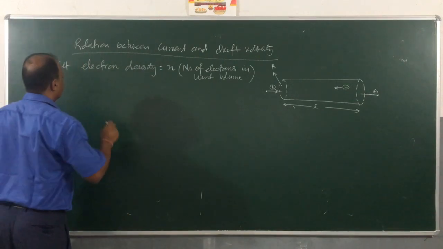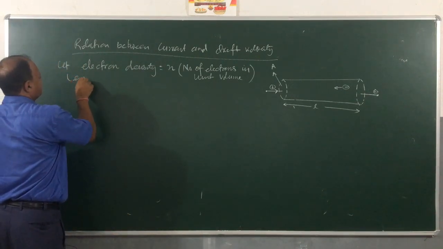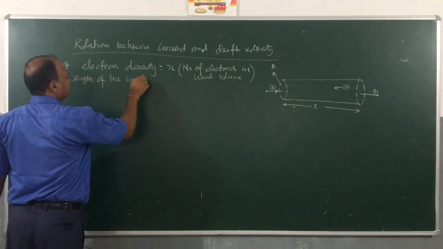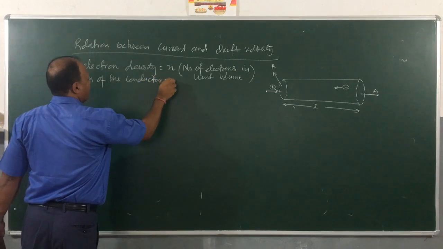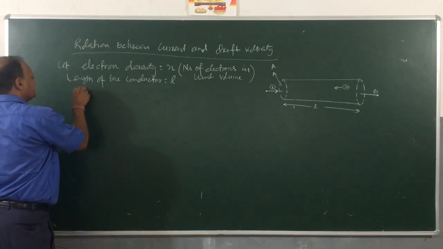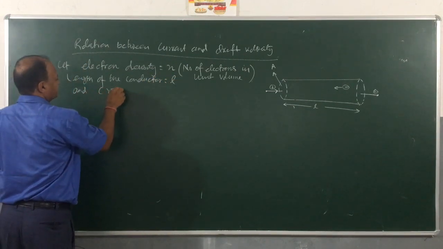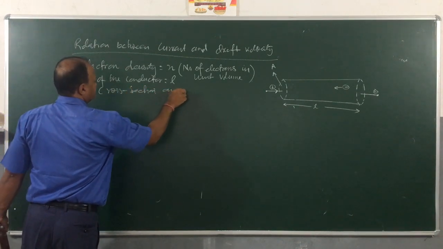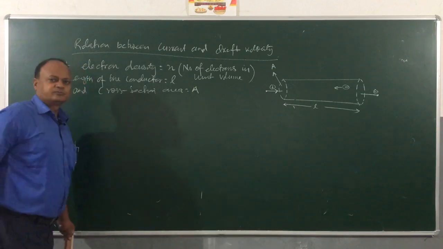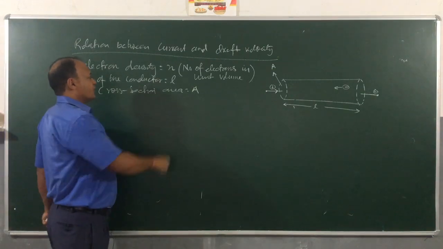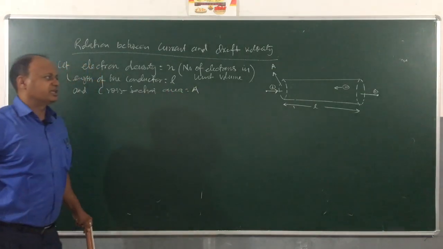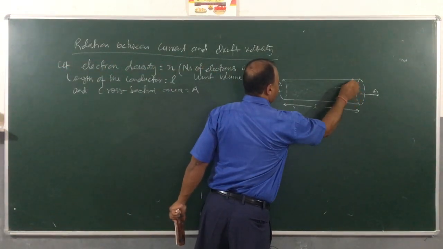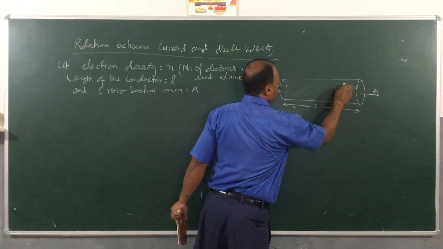We'll say the length of the conductor equals L, and the cross section area of the conductor is equal to A. Now see children, length is L and cross section area is A. If I multiply length with cross section area, I'll get the entire what? Volume.